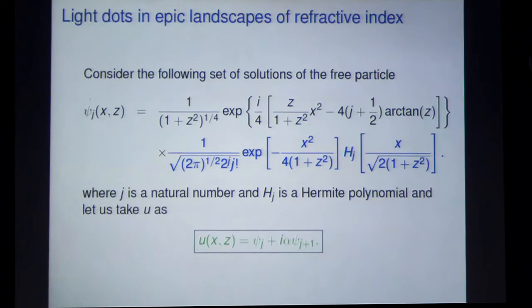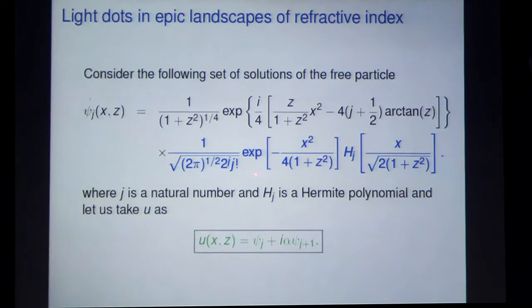So first of all, we need solutions of the free particle. I'm going to use these, I think they are called Gaussian Hermite solutions. So we can see here that in the first line we basically have a phase. Over here we have a Gaussian and some Hermite functions.